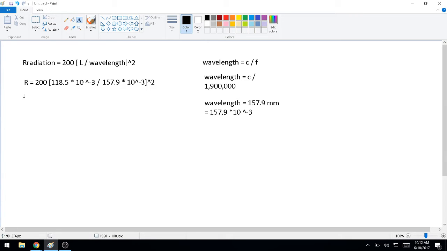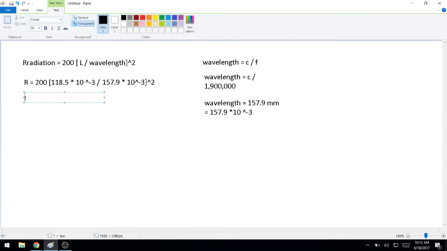Let me do the math here on the calculator. We have 118.5 times 10 to the negative third divided by 157.9 times 10 to the negative third, quantity squared, times 200. And that gives us a radiation resistance of 112.6 ohms.